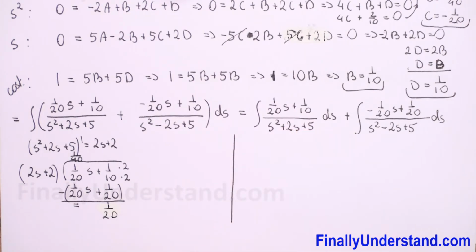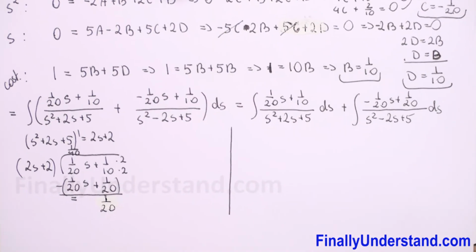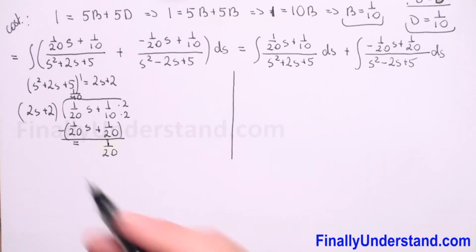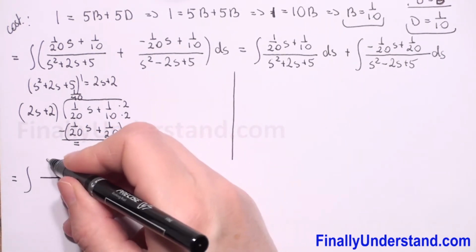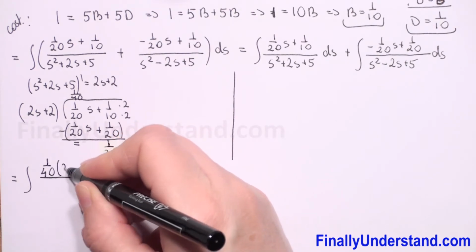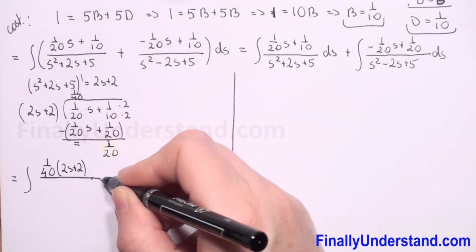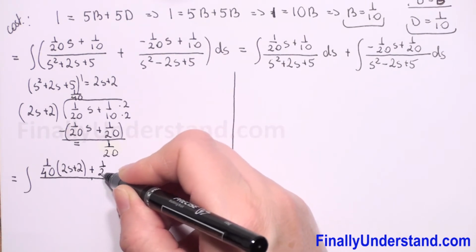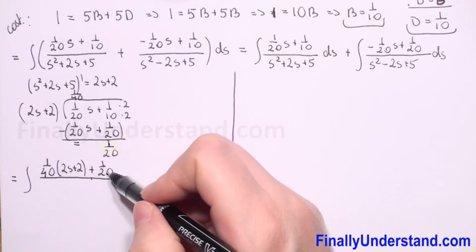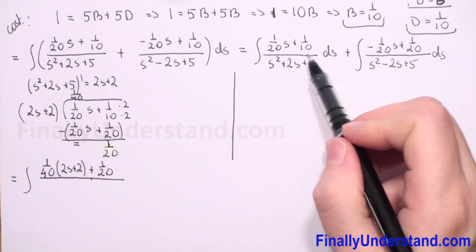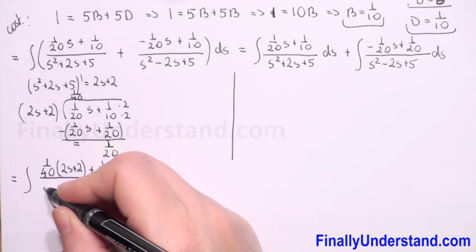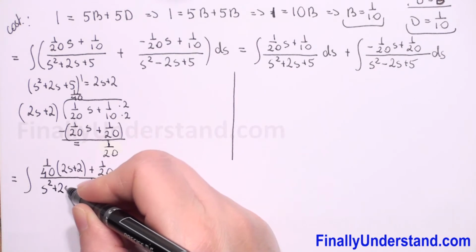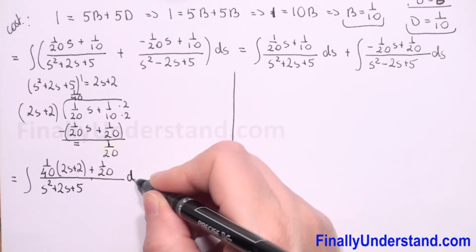So now we can rewrite our first integral, and this is equal integral of numerator 1 over 40 times 2s plus 2 plus 1 over 20. When you add these two expressions, we get the same as what we had at the beginning. Over the denominator we just copy s squared plus 2s plus 5.